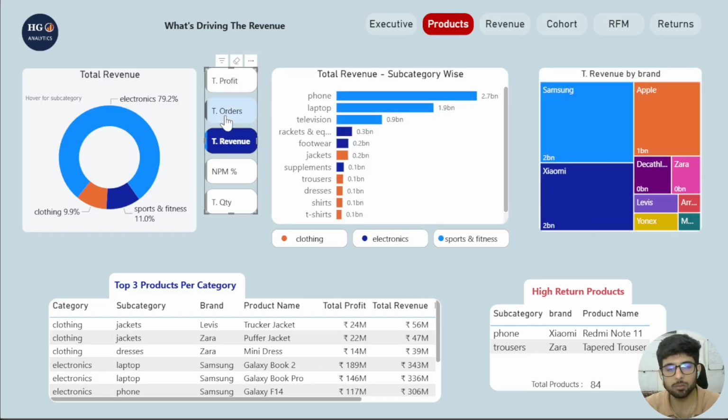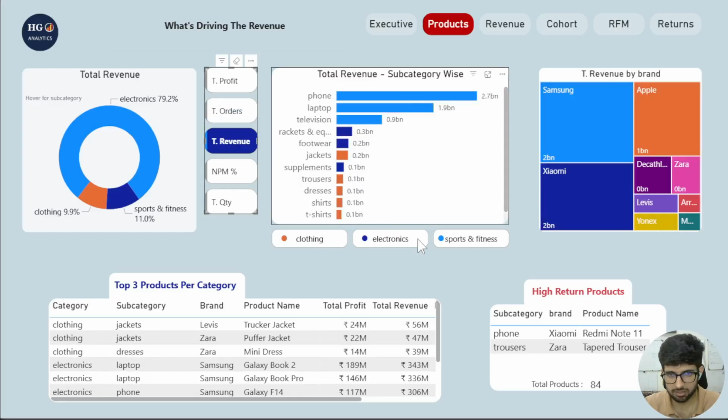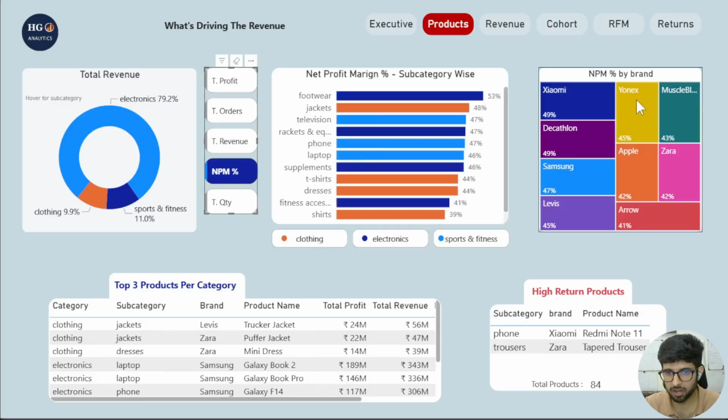Then you can see revenue wise, which brand. Then you can see net profit margin wise. You can see footwear has the highest net profit margin.